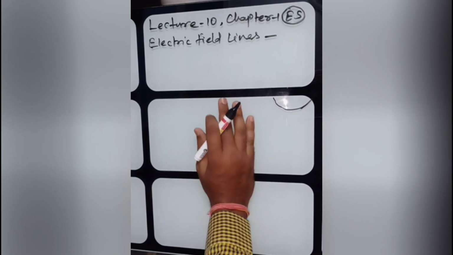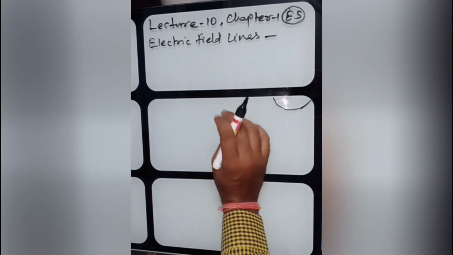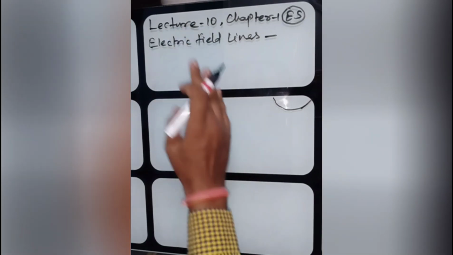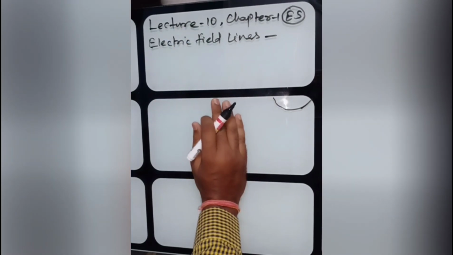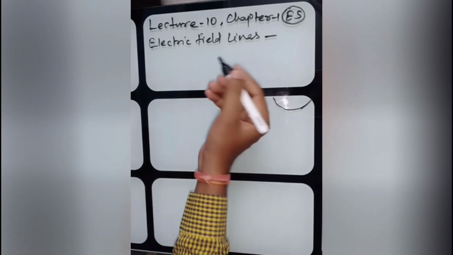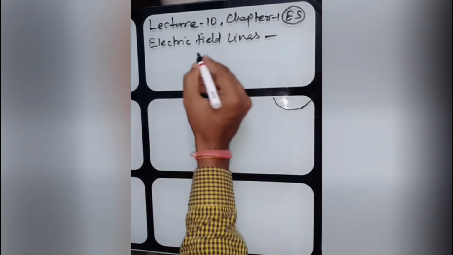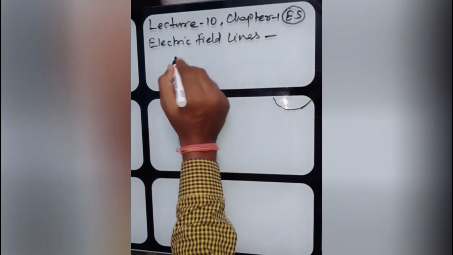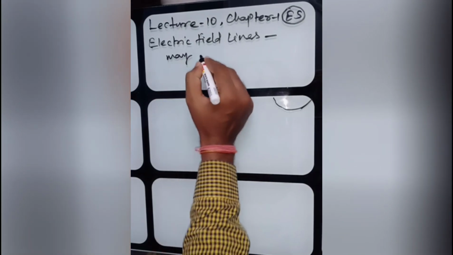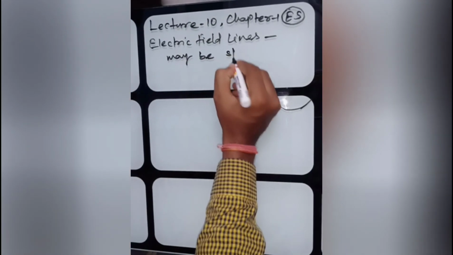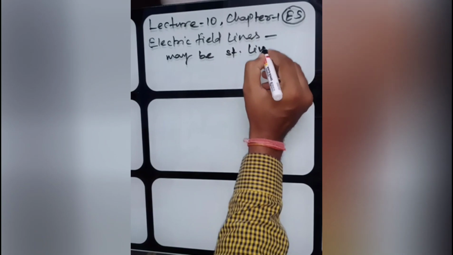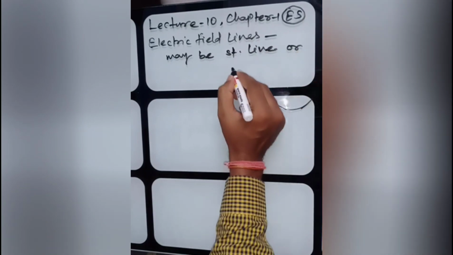When we talk about the properties of electric field lines, as we have studied, these are imaginary lines. Remember one thing, it may be a straight line or curve.